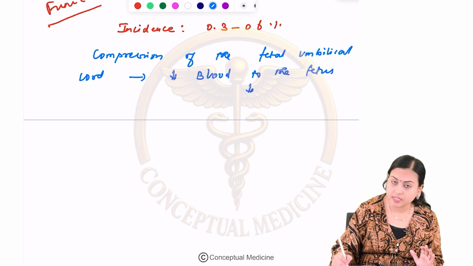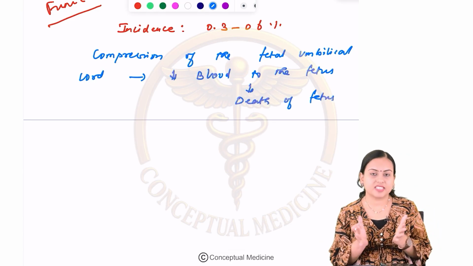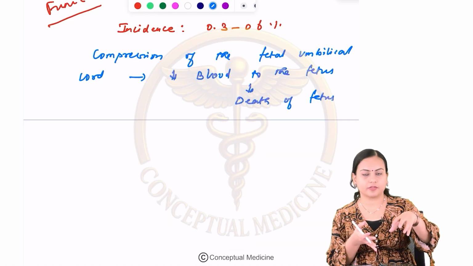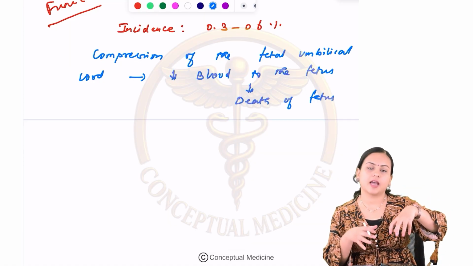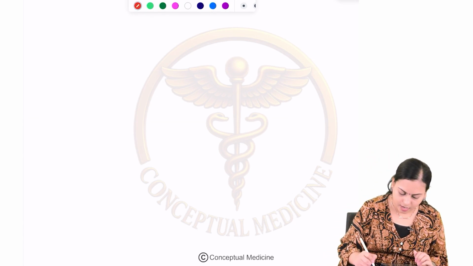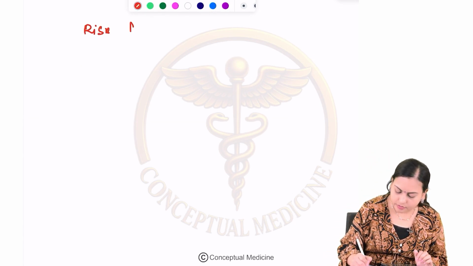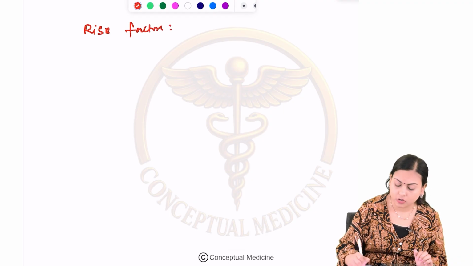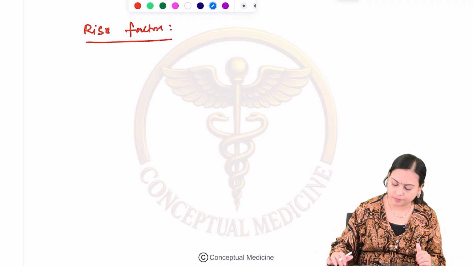Okay, that can even result in death of the fetus. So, it will be compressed between the fetal presenting part itself, say the cephalic part, and the maternal pelvis, right. So, that is possible.